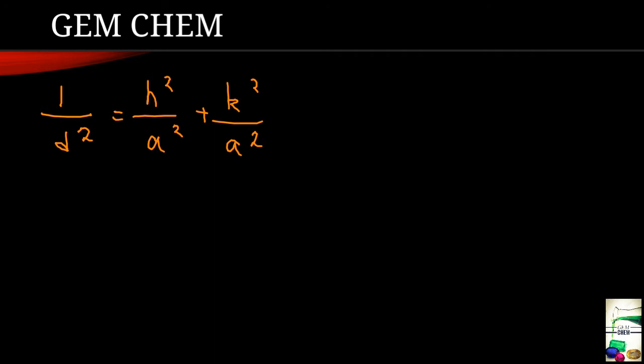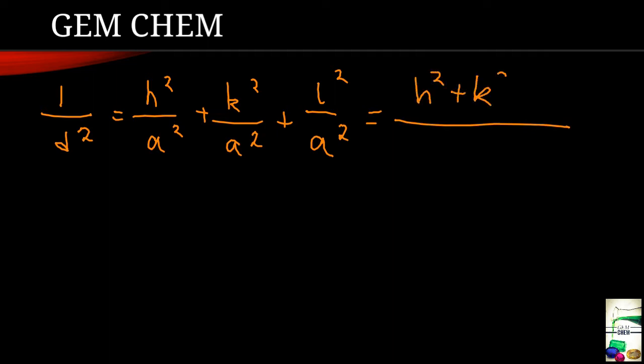Now if we go for another formula, we know that the interplanar distance inverse square, 1 by d square, is equal to h square by a square plus k square by a square plus l square by a square, which is equal to h square plus k square plus l square by a square.